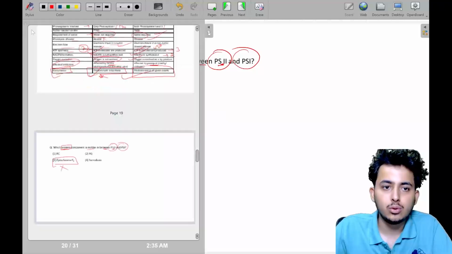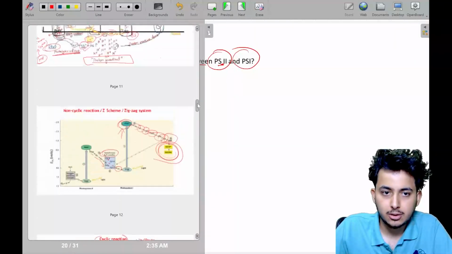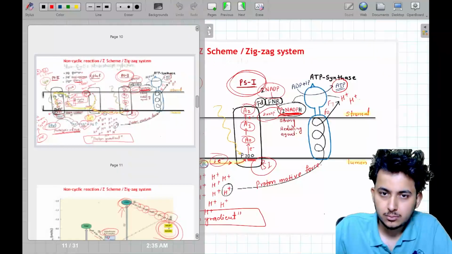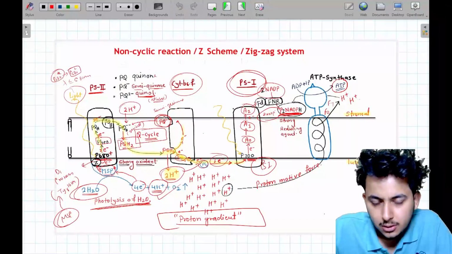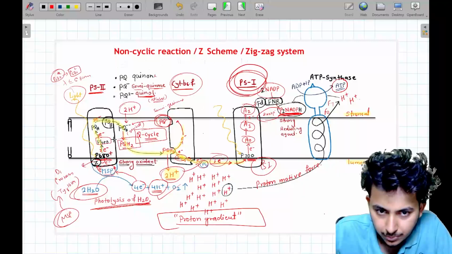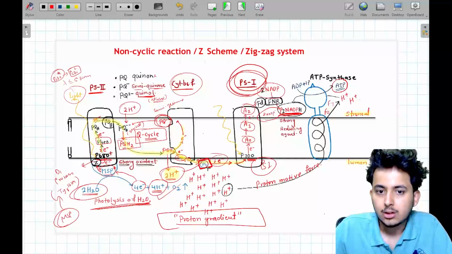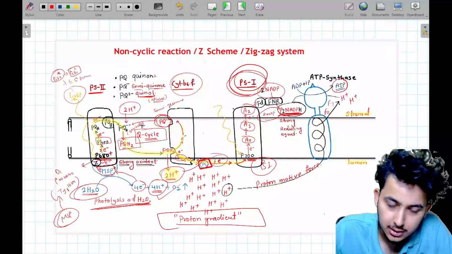If you are not able to recall, you can look at the diagram that I have shown. Here you can see this is PS1, this is PS2. In between PS1 and PS2, the mobile protein carrier that is involved is the plastocyanin.